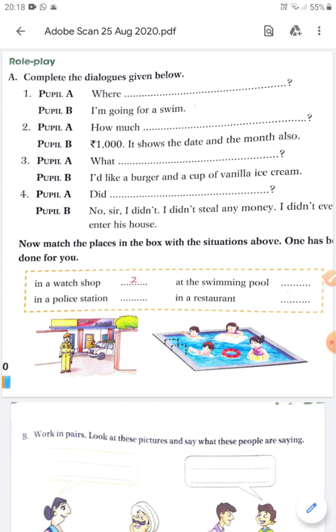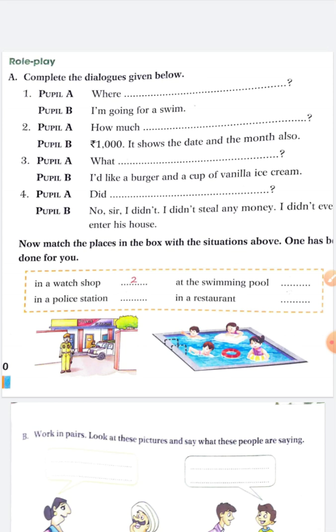Then you can say, I would like to have a burger and a cup of vanilla ice cream. Answers are there in the worksheet. Here, just try to understand. Answers are there in the worksheet, okay?